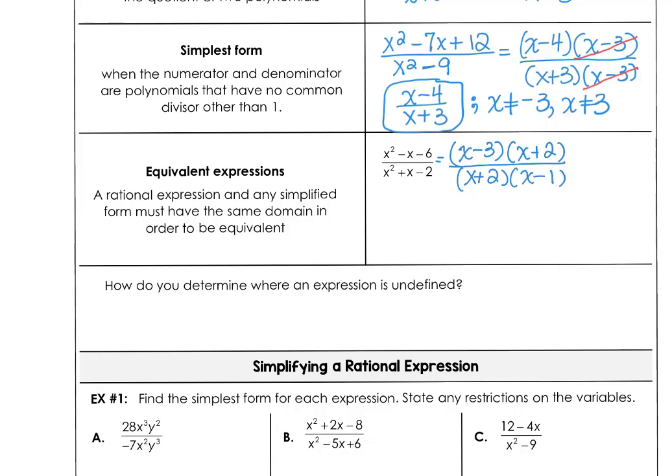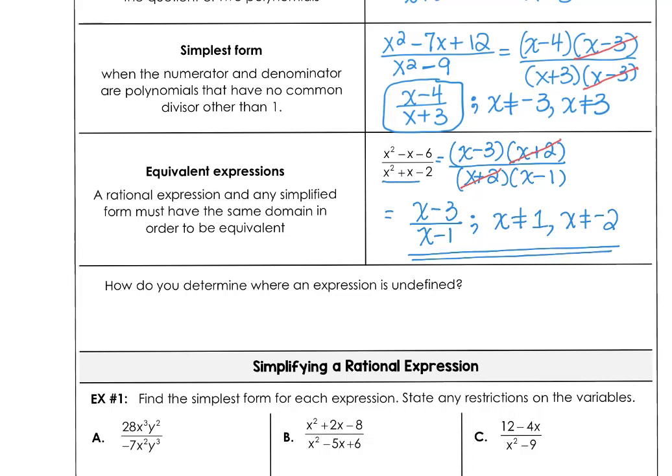So again, I'm going to take out the common factor x plus 2, and that will leave us x minus 3 in the numerator and x minus 1 in the denominator with domain restrictions at +1 and -2. So these are equivalent expressions. This simplest form is equivalent to this original problem here.